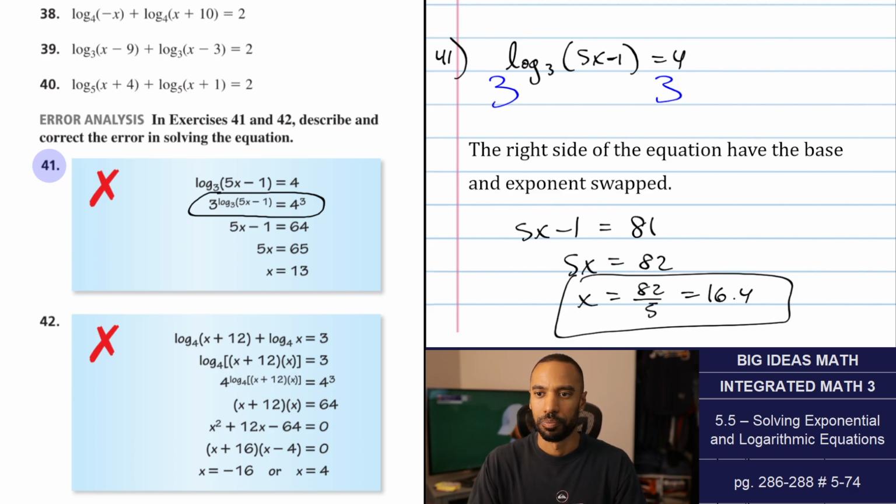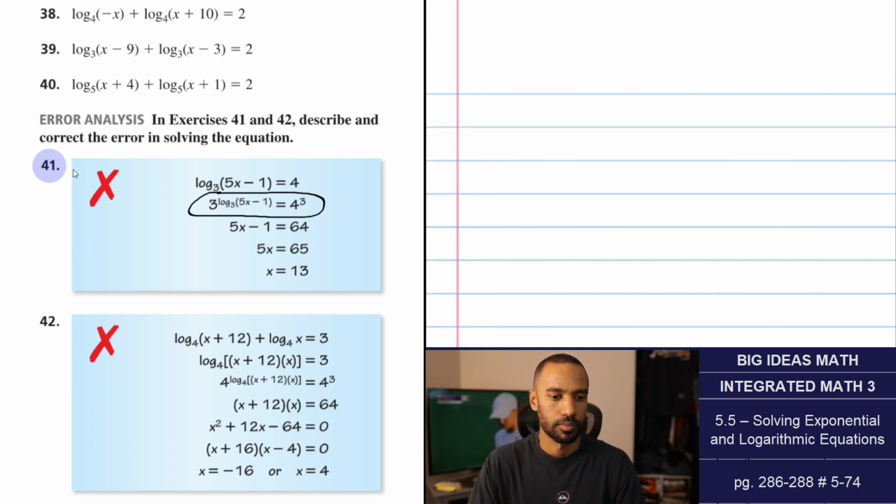Number 42. They're going into condensed mode here. They have the same base. They multiply those out. They do the base raising there. All looks good. 4 cubed is 64. They distribute. They subtract 64 over. And this factors 16 times negative 4.